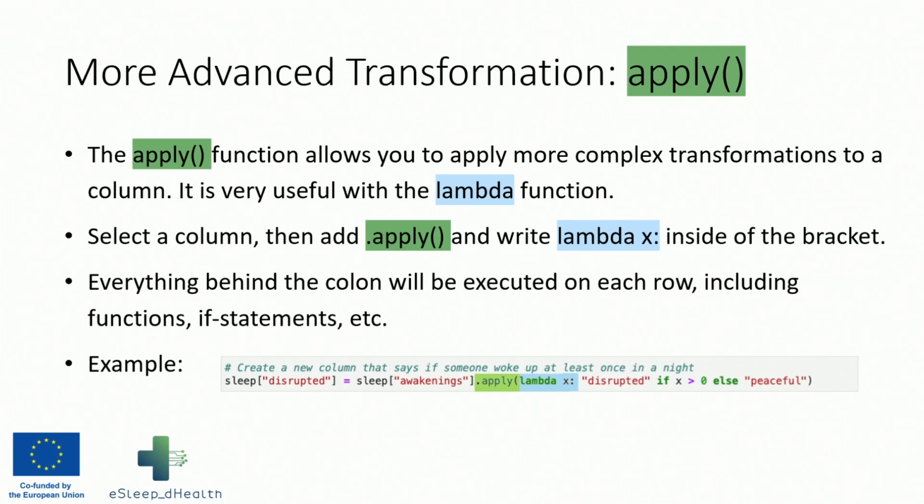So, for example, we can put if statements in there, we can put functions in there, and the keyword that we need to do this operation is called lambda. There's an example below. It's totally fine if you don't understand this right now. I just want to mention it here so you know it exists, and you can test out how it works in the exercise.